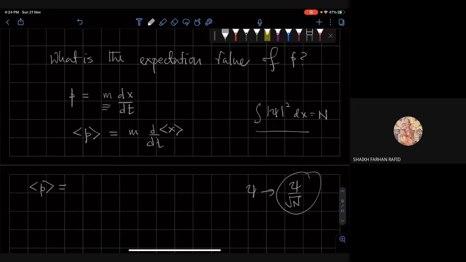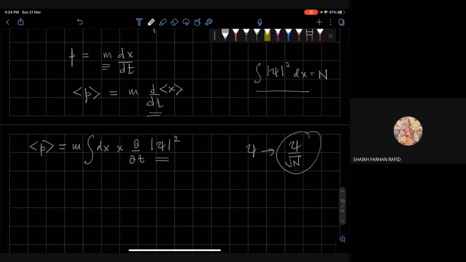So this will be m, and then there'll be the integral over dx. Inside, I'm going to have x times the derivative operator. Because I'm integrating over all space, I can replace it by the partial derivative. But this consists of psi and psi star, so by using Leibniz rule, I'll have two terms: one which would be the time derivative of psi, another which would be the time derivative of psi star.